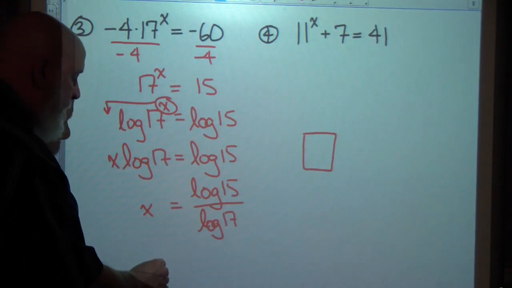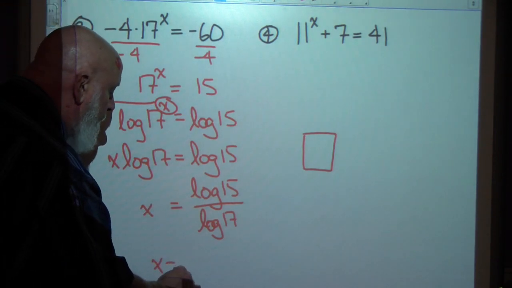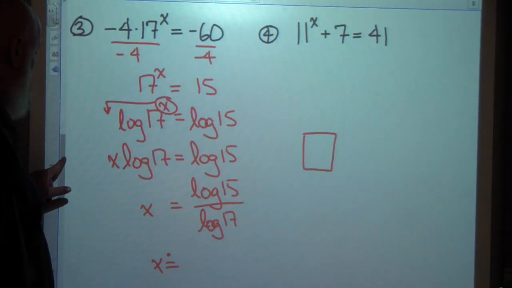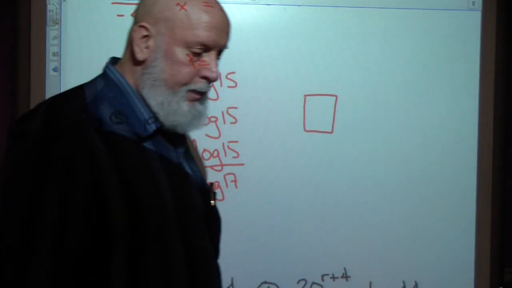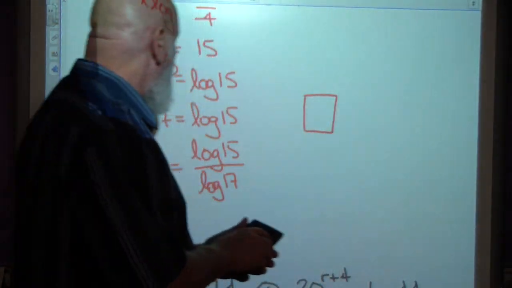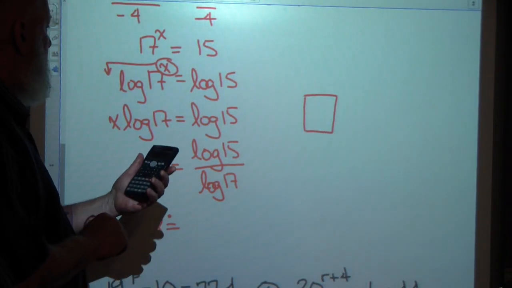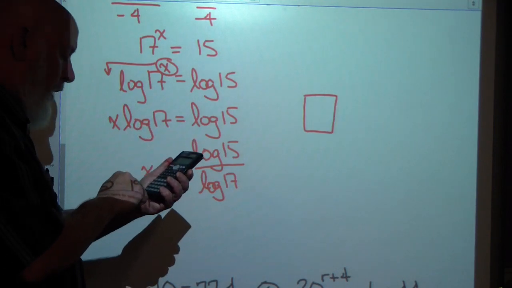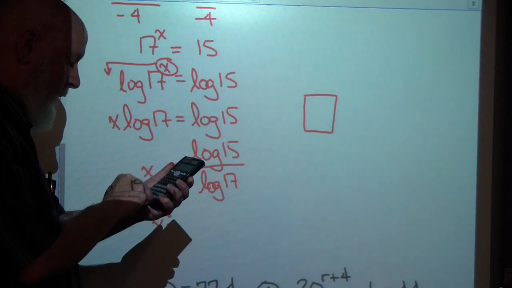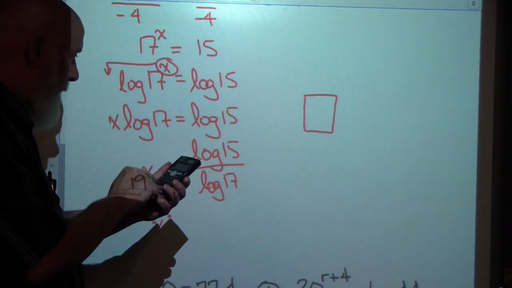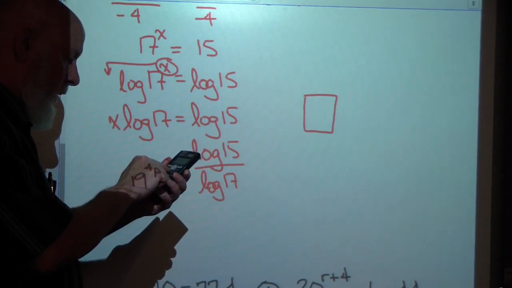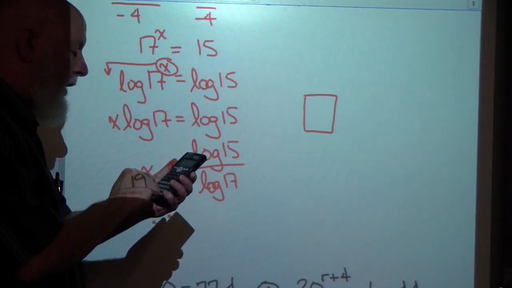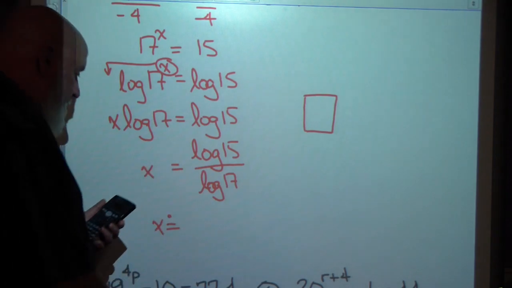That's my exact answer. I'm going to now put it into my calculator and get an approximation, which I'm going to round to the 4th decimal place. And I'm going to try not to make any mistakes. Log 15 divided by log 17. And I'm putting that 17 in parentheses. I should be showing that, even though the reason I'm not showing you this is because you don't actually have to do it in this case.